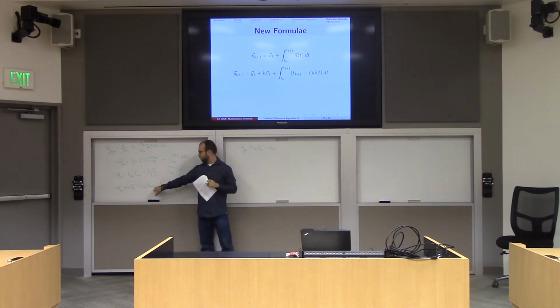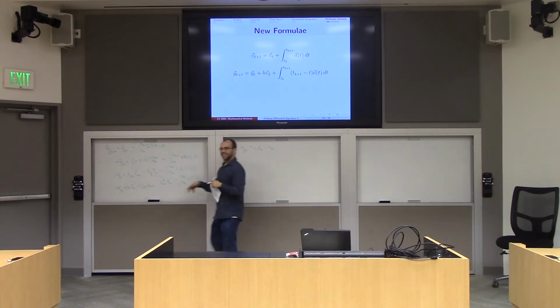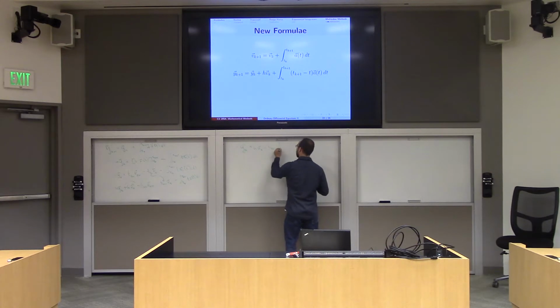But look, so what's going to come out? Well, I have t_{k+1} times this minus that. So this is the change in v, and the change in v is the same as the integral of the acceleration. You see, this is kind of tricky. So now we have this.